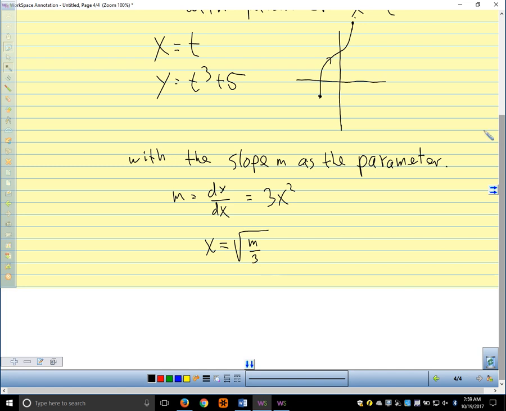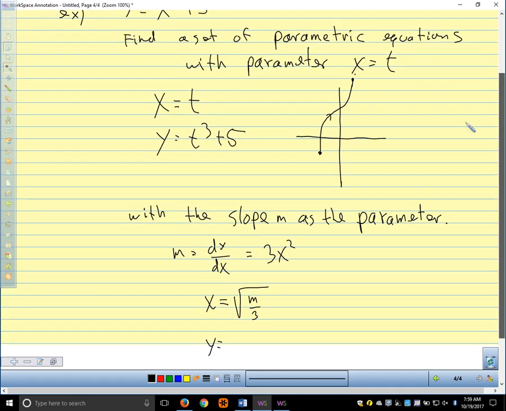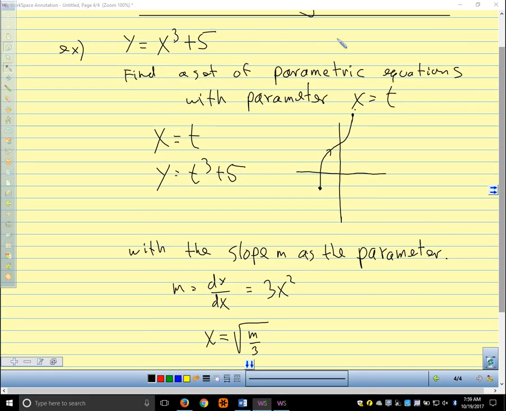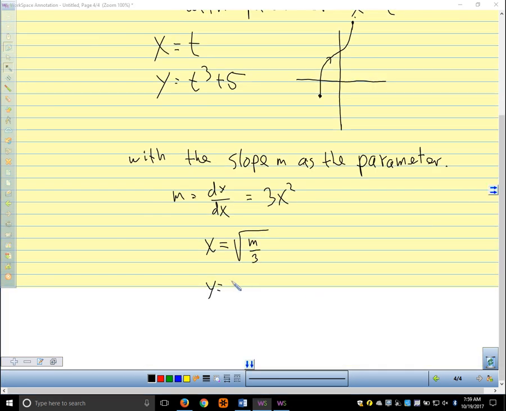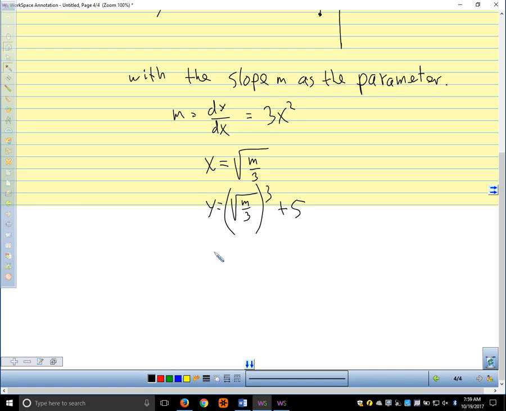And the y-coordinate, y equals x cubed plus 5, the square root of m over 3 cubed plus 5. So we could write that as y equals (m over 3) to the 3 halves plus 5. And for any particular value of the slope, we could figure out our x-coordinate and our y-coordinate on that curve.